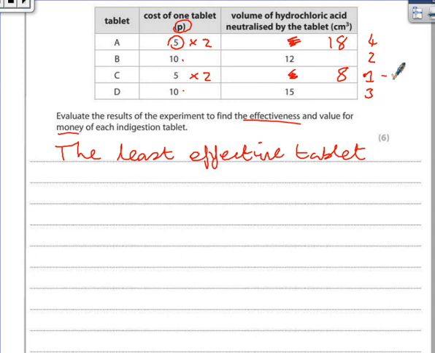So it's C, B, D, and then A. Write about them in that order, talking about how effective each one is and the value for money, and that will get you the 6 marks.